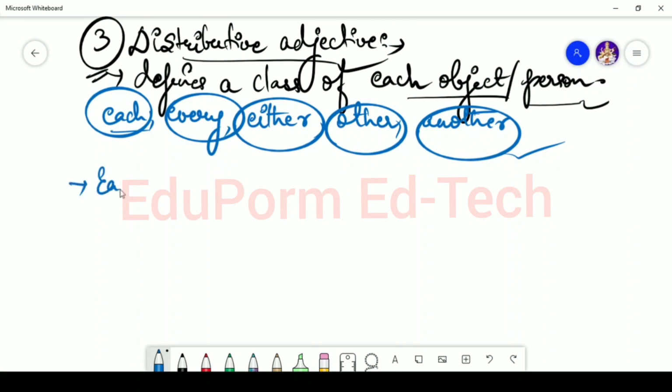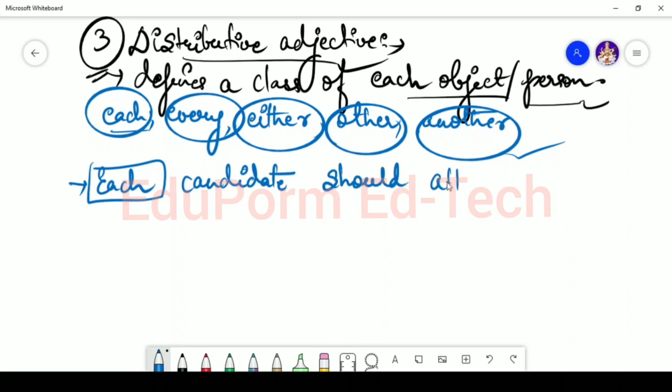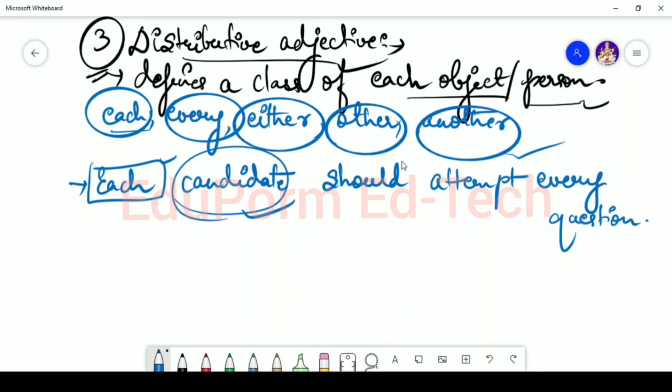Let's say for example, if I say that each candidate should attempt every question. In this case, you will understand that they have made use of a distributive adjective, because each here is defining a class of object or person.